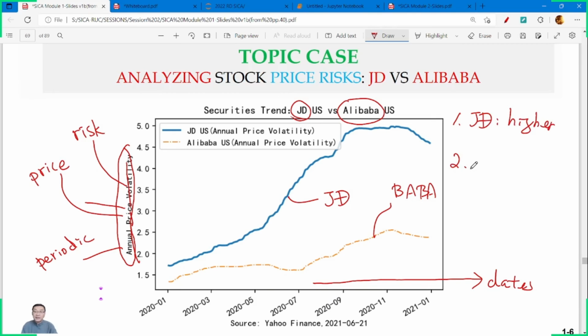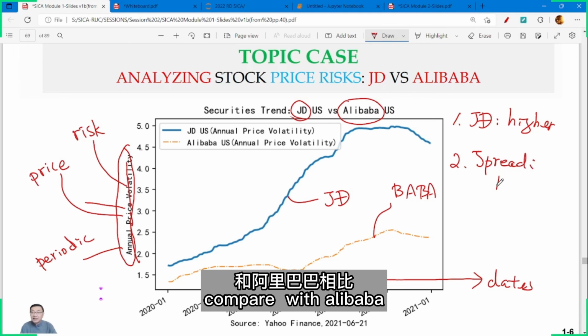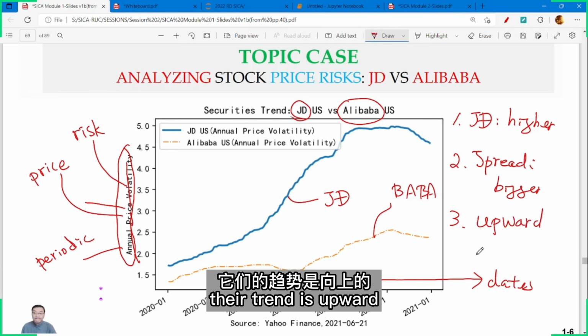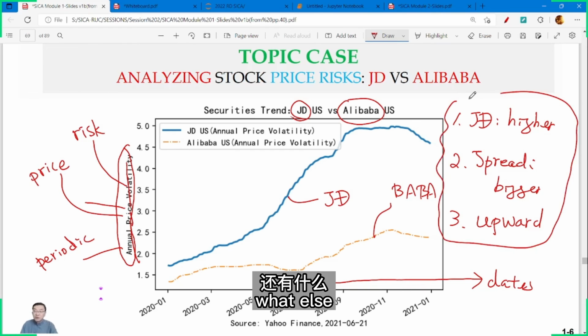Second point, the spread of Jingdong's stock price risk compared with Alibaba is getting bigger. Third, in general, the trend is upward. What else? Okay, these are the three major points we can quickly find.